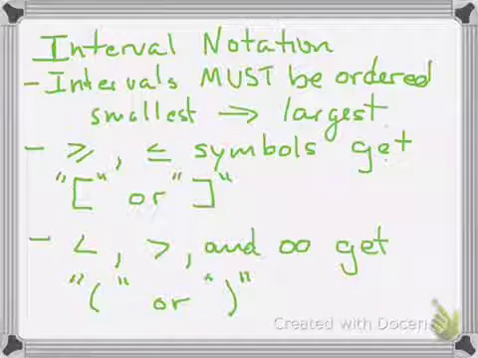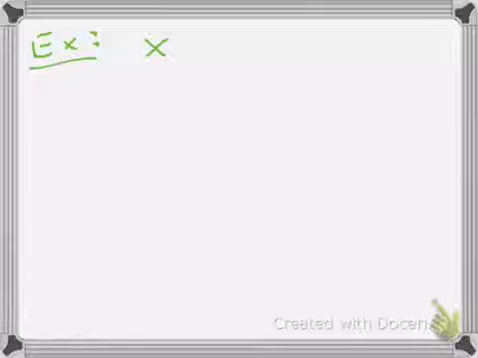All right, so interval notation. Let's look at just 3 or 4 examples of how we would write inequalities with interval notation. All we're doing is giving ourselves another method of writing inequalities. Here's one method: x is less than or equal to 5.